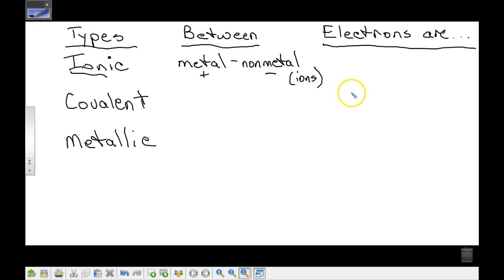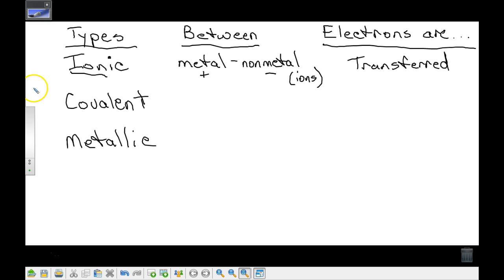Well, what's happening in these kind of bonds is the electrons are being transferred. They're being transferred from the metal to the nonmetal, giving them charges, making them ions. Opposites attract. It's what holds them together.